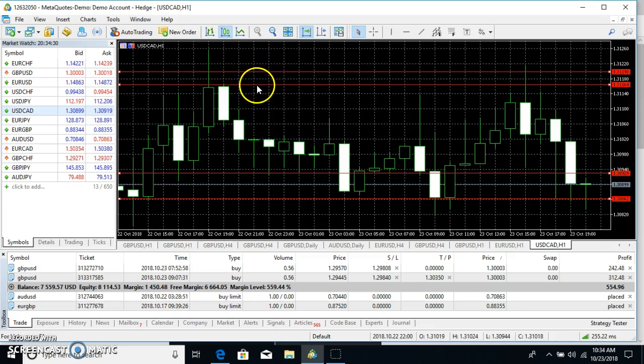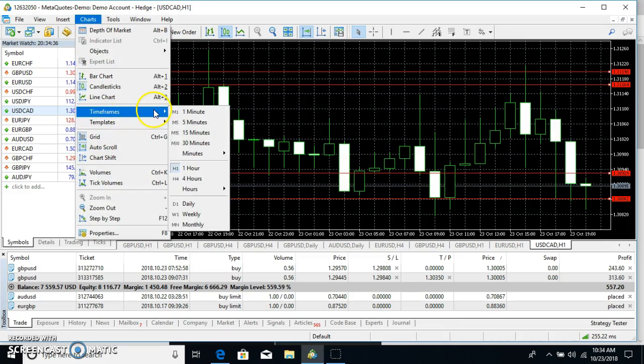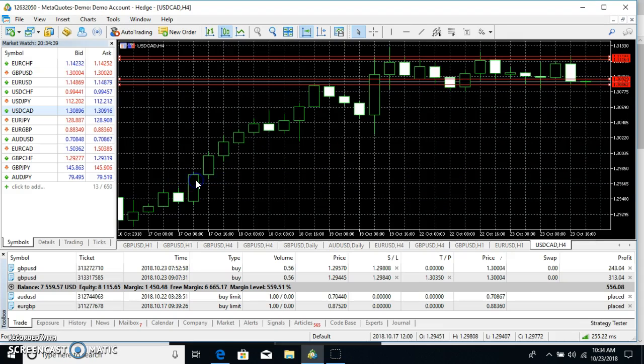So I just wanted to show you that if I look at the 4-hour chart, again, I'm looking for entry, but I'm looking at US Canada. This tells me where I'm at. I'm looking at the pattern recognition based on the 4-hour and the day chart.